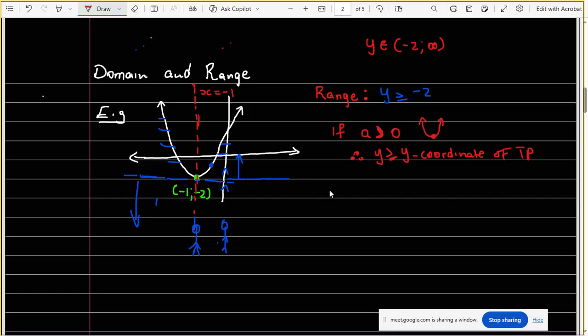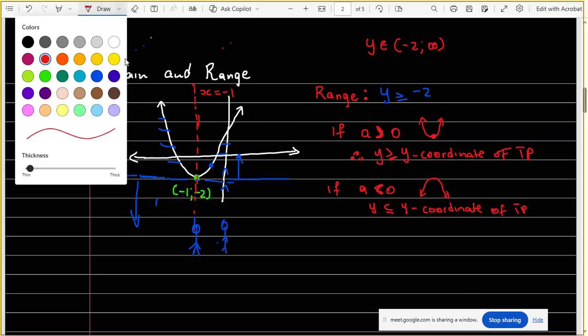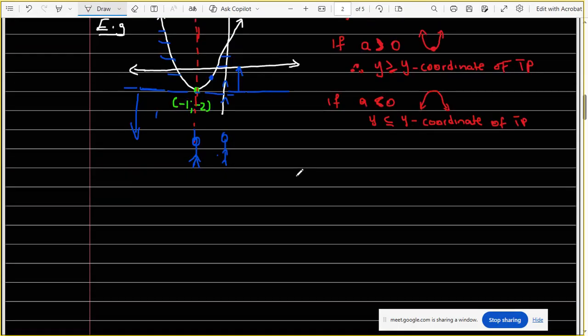You understand? Yes, I understand. If the value of a is less than 0, the graph is concave down. Then your range is y must be less than or equal to the y coordinate of your turning point. Are you happy with that? Yes, I am.